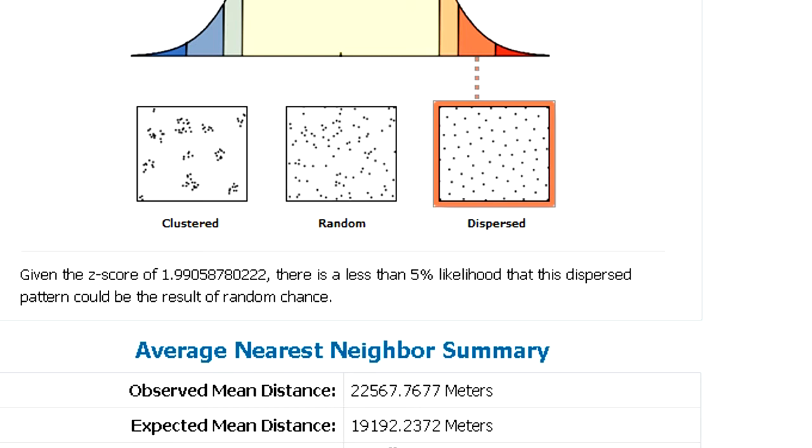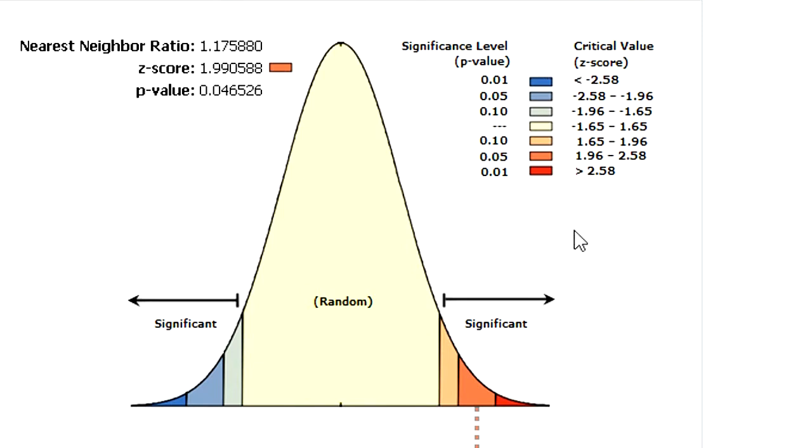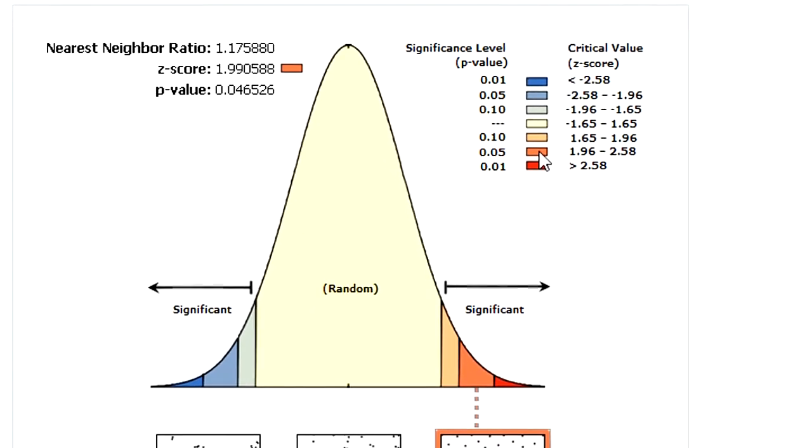As we have discussed before in the formula, if you calculate the z-score, here the z-score comes as 1.99. So 1.99 will lie in this section here, the dark orange color.